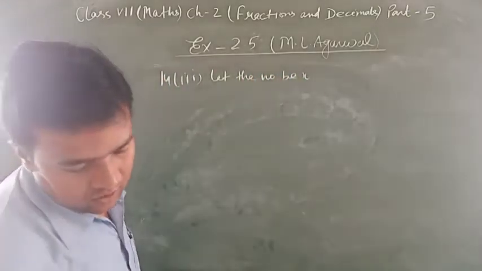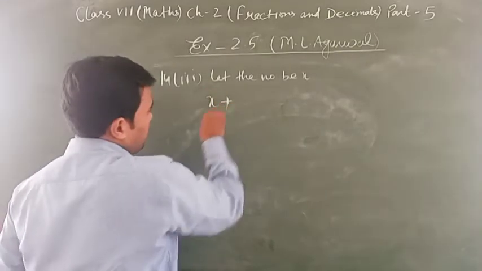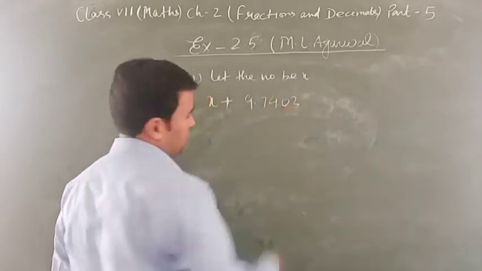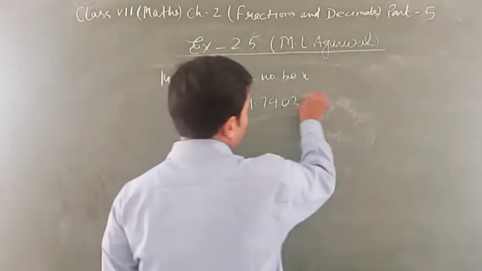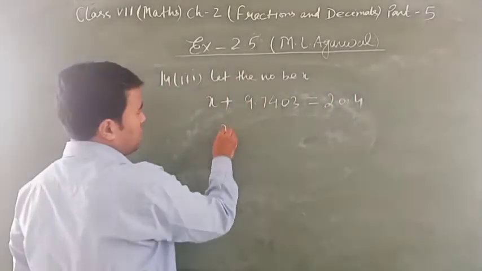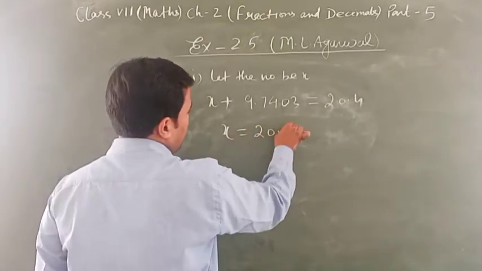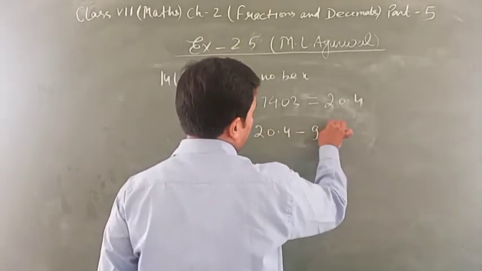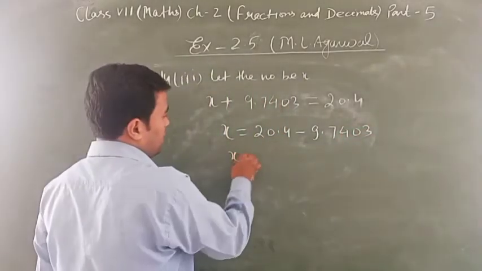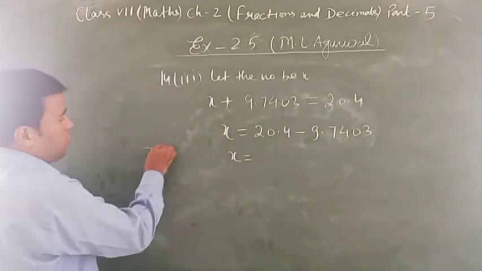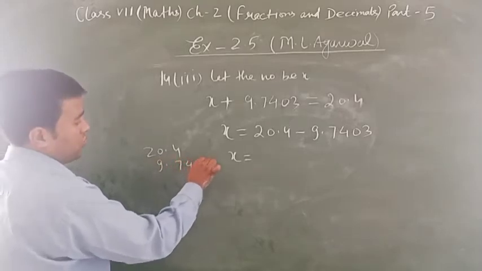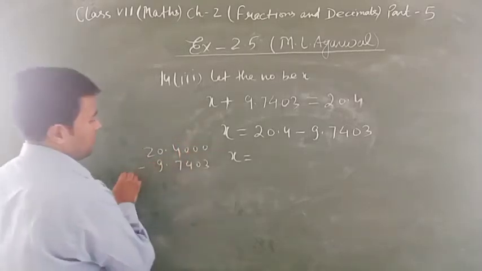Let the number be x means x plus 9.7403 equal to 20.4. Clear? Means x equal to 20.4 minus 9.7403. Clear? Then x equal to 20.4 minus 9.7403.